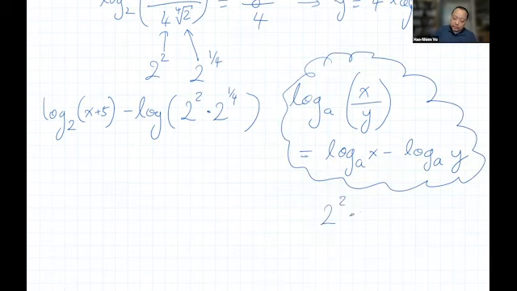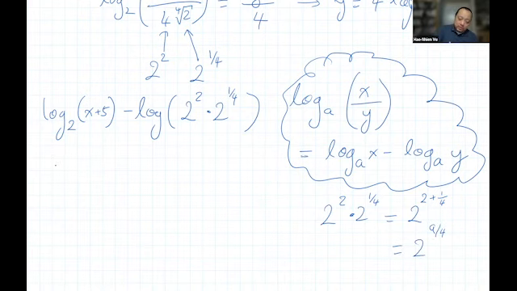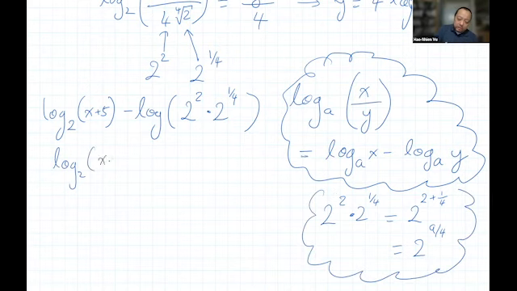2 squared times 2 to the 1/4 is, when you have the same base, you add the exponents. So 2 plus 1/4 like that. And 2 plus 1/4 with a common denominator is 9 over 4. So this is log base 2 of x plus 5 minus log base 2 of 2 to the 9/4.